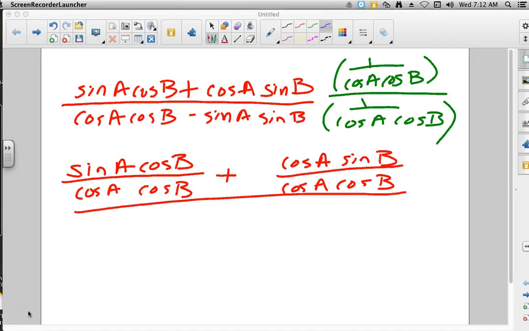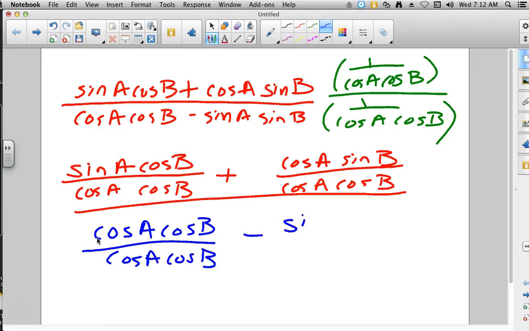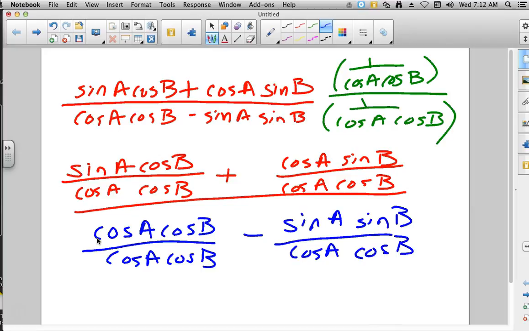So the denominator will now be cosine of A, cosine of B, over cosine of A, cosine of B, minus sine of A, sine of B, over cosine of A, pardon me, cosine of B.